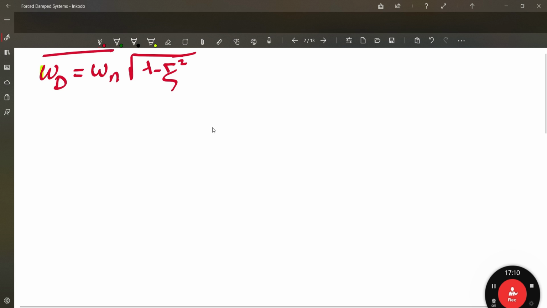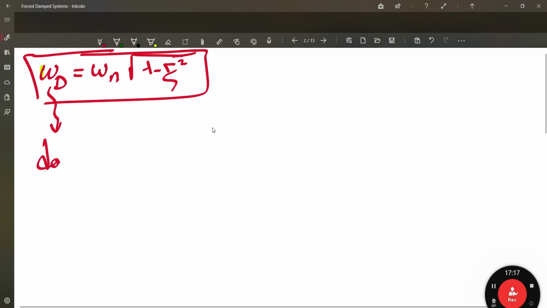I think you already know about this. There is a relation between omega d and omega n. This is the damped circular frequency.